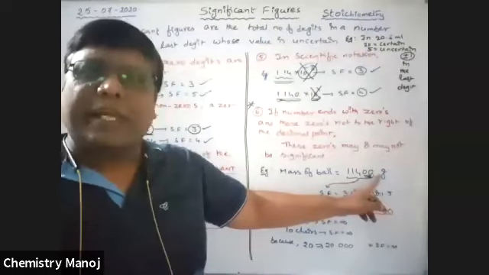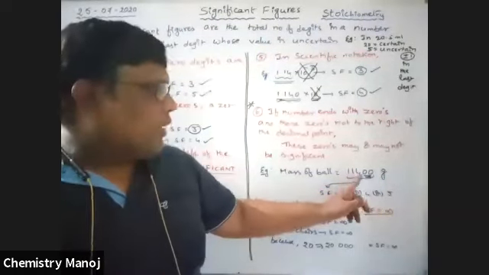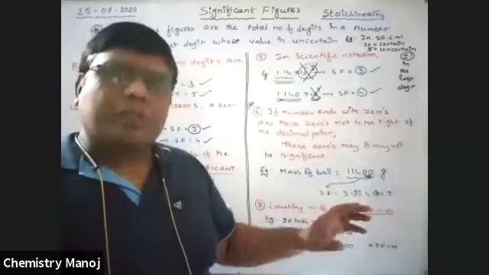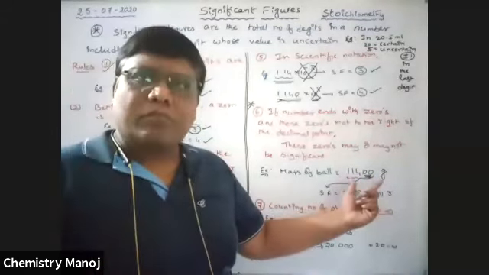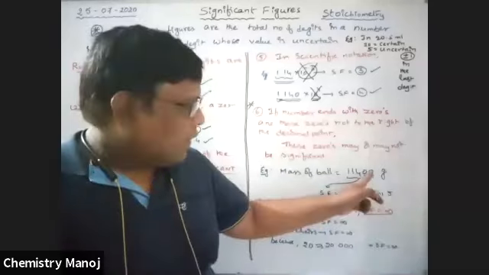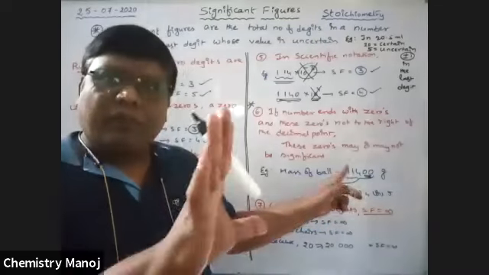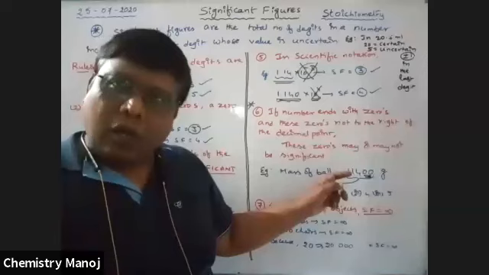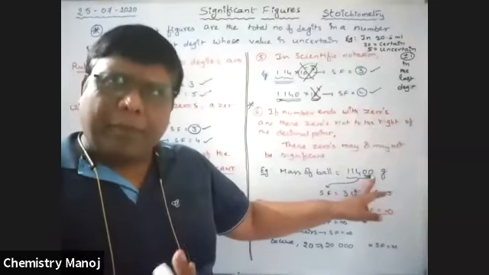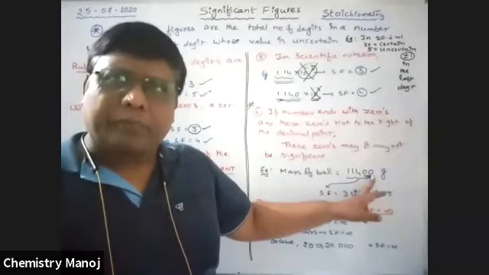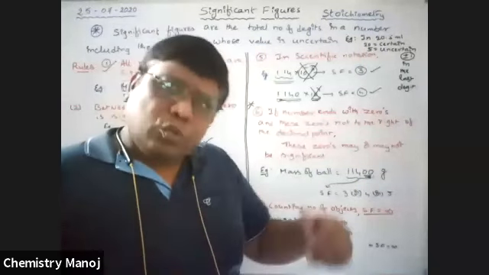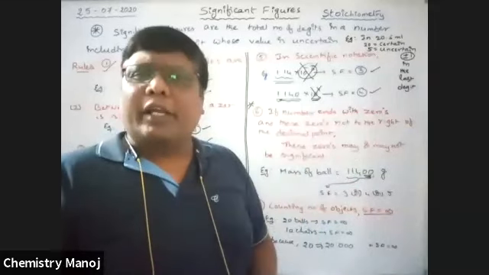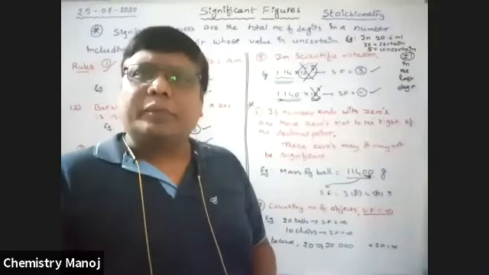So these zeros may or may not be considered. For this number, if I consider the zeros, 1, 2, 3, 4, 5, 5 is possible. Or if one 0 is not considered, 4 may also be possible. If 2 zeros are not considered, 3 may be possible.